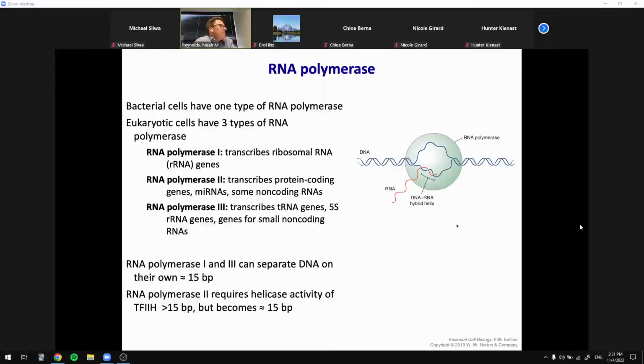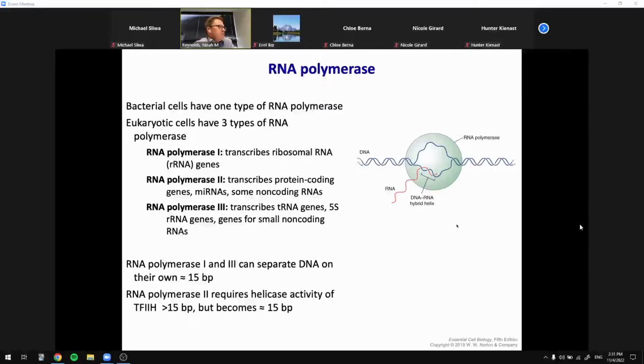And in bacteria, they have one RNA polymerase to do all their jobs. In eukaryotes, we have 3 RNA polymerases. So again, we're subdividing tasks and making it so different polymerases are doing different things. And you should know these 3 for sure. You should know what RNA polymerase 1 is transcribing, right? So the ribosomal genes.